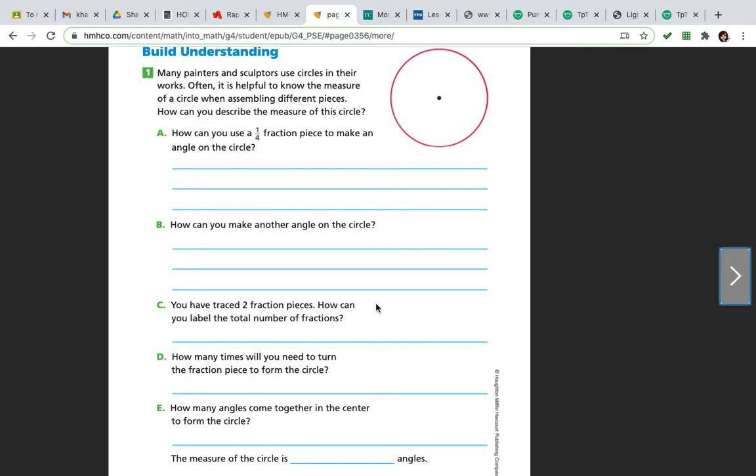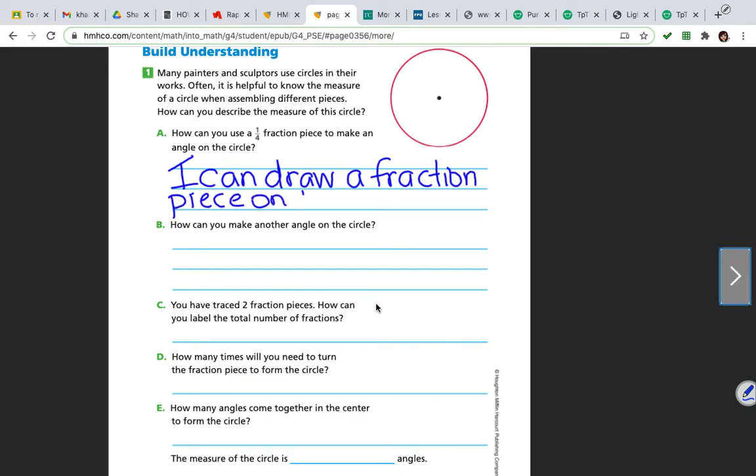So I can draw a fraction piece on the circle to make an angle and shade it in.